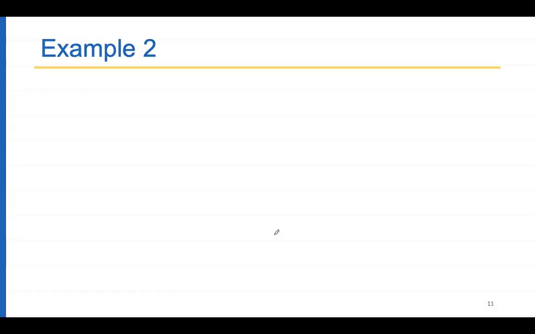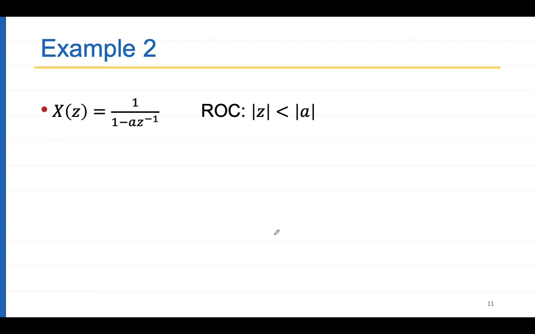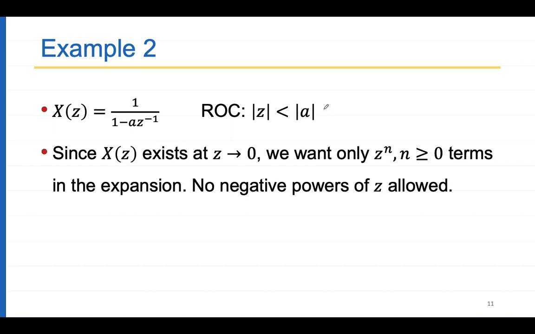Right? Let's take another example. As soon as you talk of ROC mod z greater than mod a, immediately the question comes to mind, can we do it if mod z is less than mod a? So let's see that example now. In this case, my X(z) will exist when z goes to 0, because 0 is also there in the region of convergence.